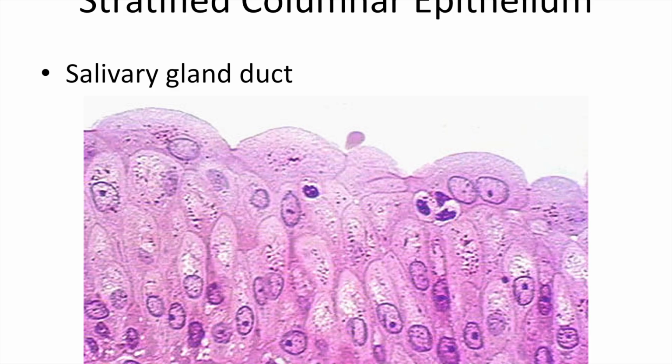Stratified columnar epithelium is found in the salivary gland ducts, so the parotid, the sublingual, and the submandibular salivary glands.